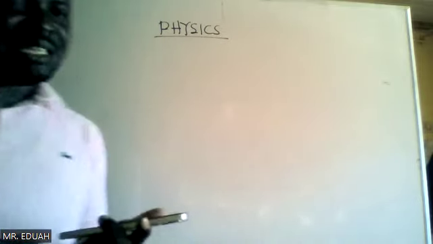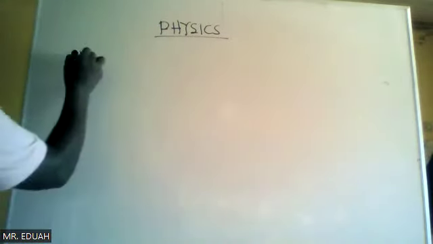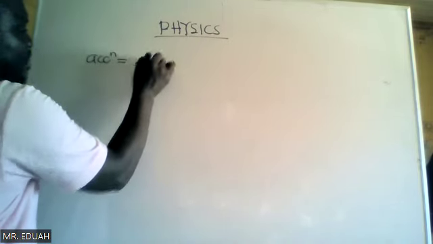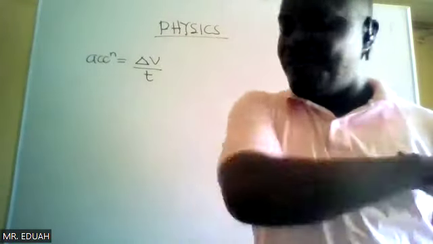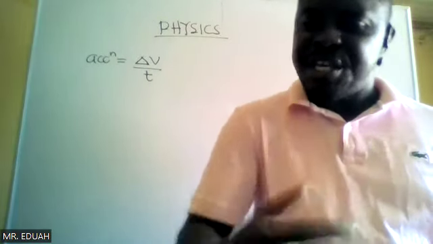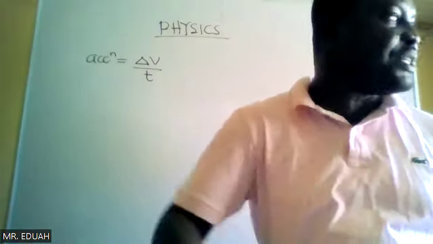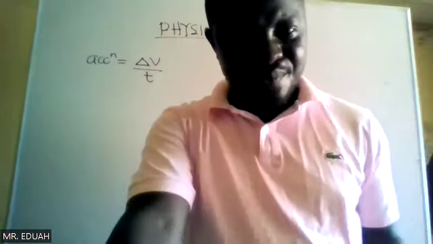When we talk about acceleration, we said acceleration of a body is equal to change in velocity over time. So acceleration belongs to change in velocity, meaning the object must be in motion and its velocity must be changing before we can talk about acceleration.